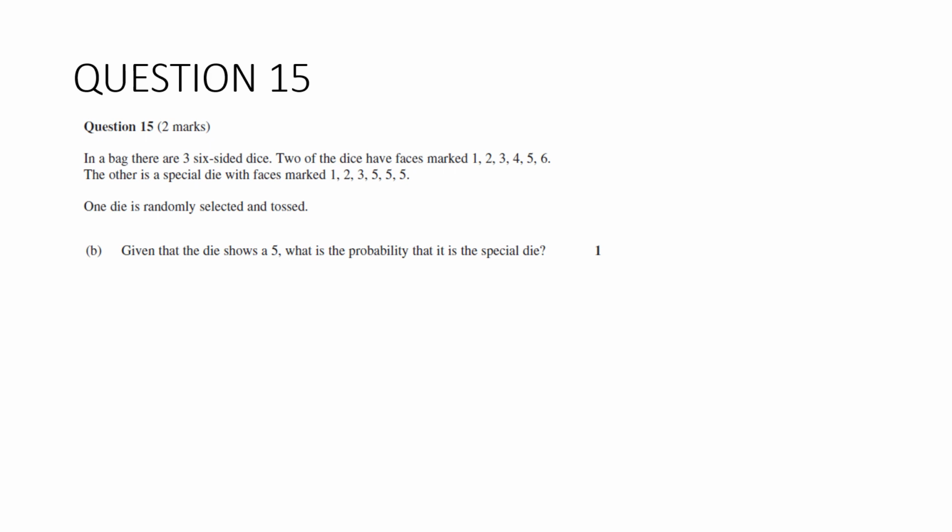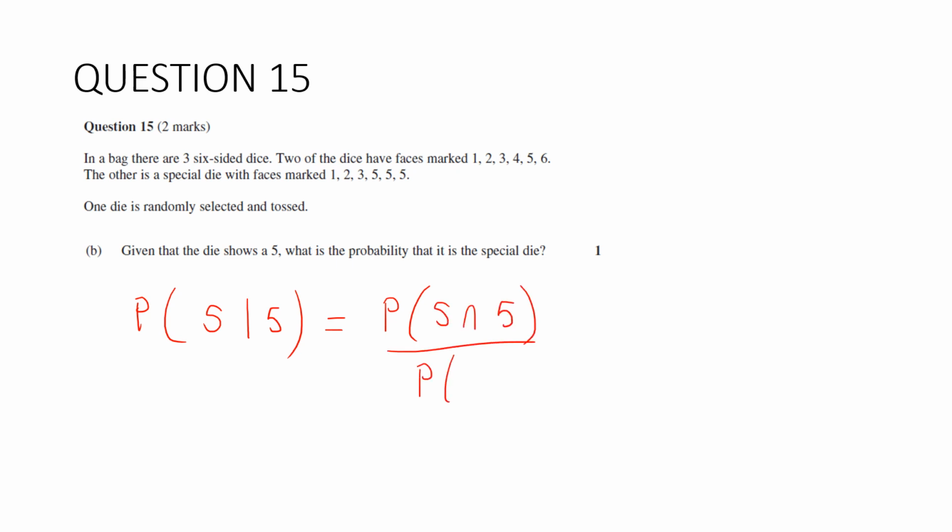Part B, given that the die shows a 5, so this is conditional probability, what is the probability that it is the special die? Using our formula, this is the probability it's a special die and it's a 5, divided by the probability that it is a 5. We already know the probability that it's a 5. That is 5/18.